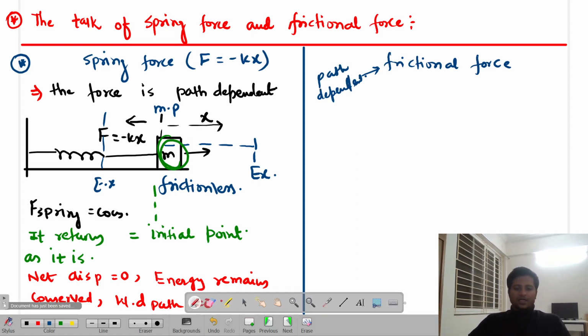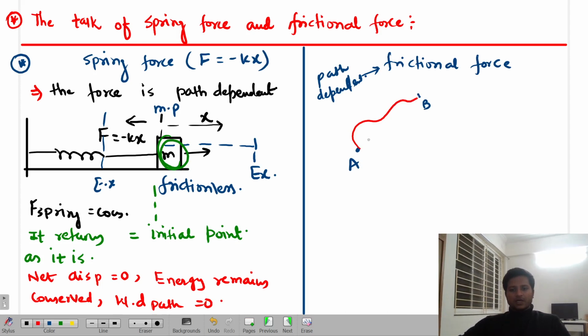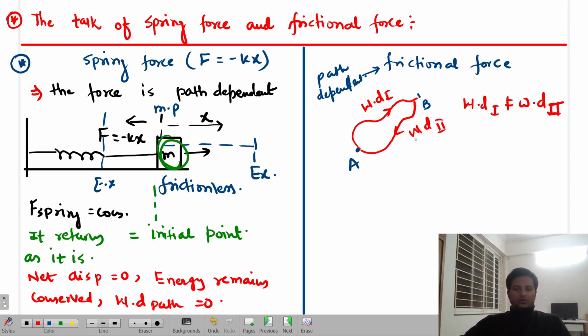If I take the body from A to B through two different paths, although it is a closed loop, the work done along the first path will be totally different from the work done along the second path due to the presence of friction, or not? So that means the frictional force, although path dependent, has work done in the closed loop that is never ever zero. And that's why we call the frictional force which kind of force? Non-conservative force.